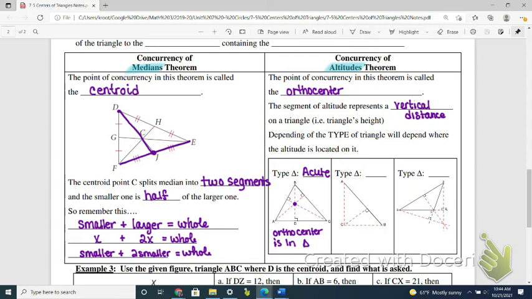If you have a right triangle, the orthocenter is on the triangle. And it's always where the vertical and horizontal lines, or where the two legs of the right triangle meet.